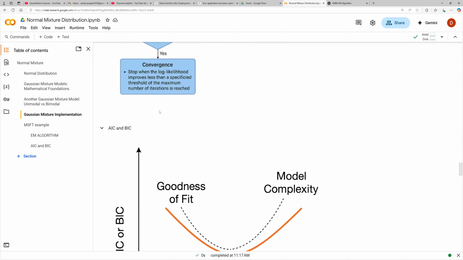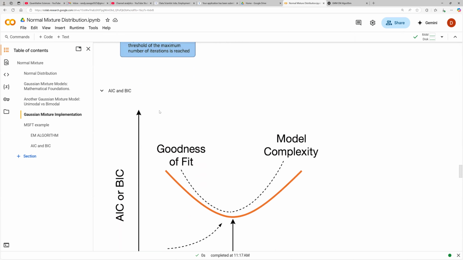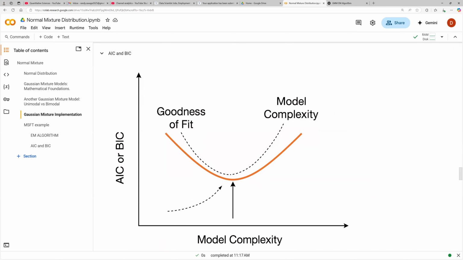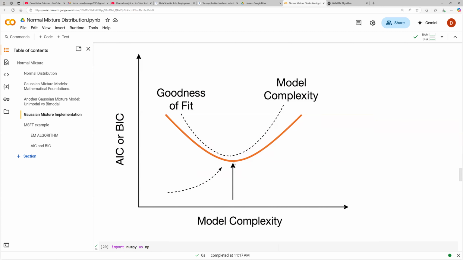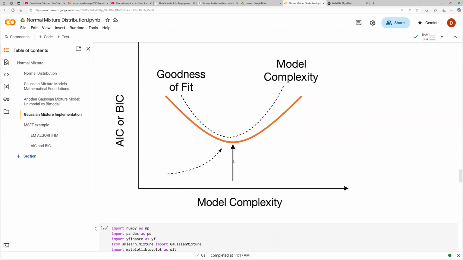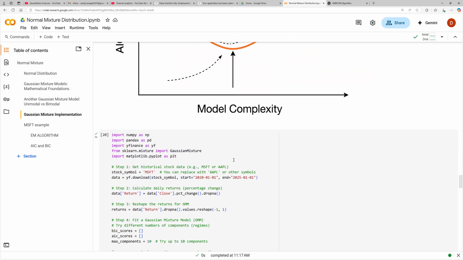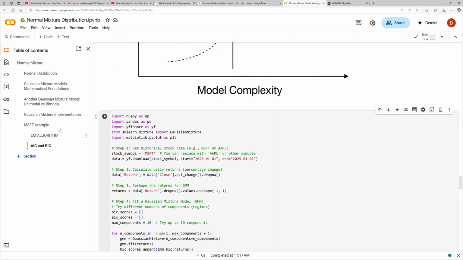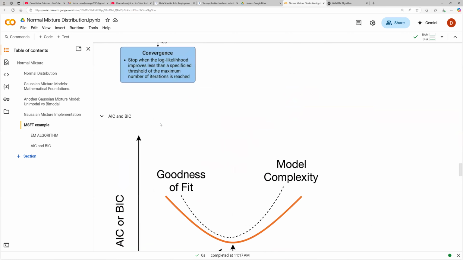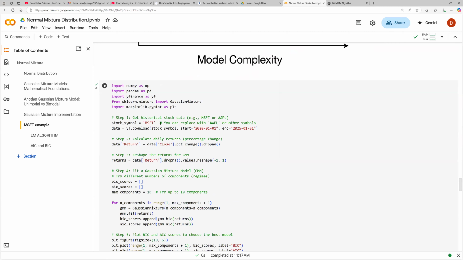Now, there's also something called AIC and BIC. This is basically the goodness of fit, balancing between the goodness of fit and the model complexity. We see that the global minimum is the optimal value. This is important in our next example when we try to model Microsoft returns.